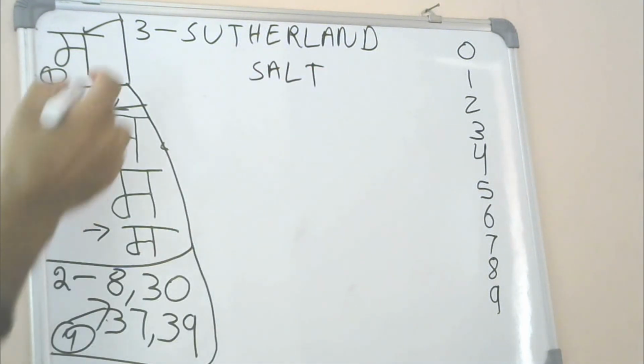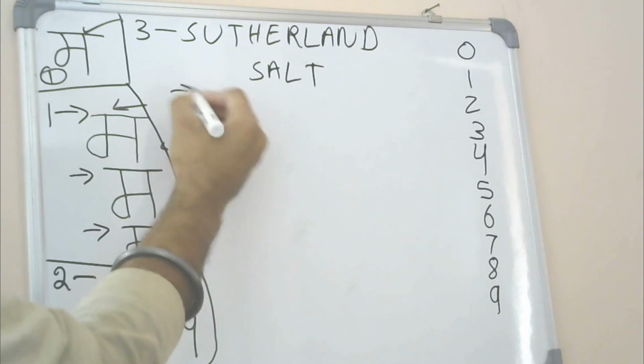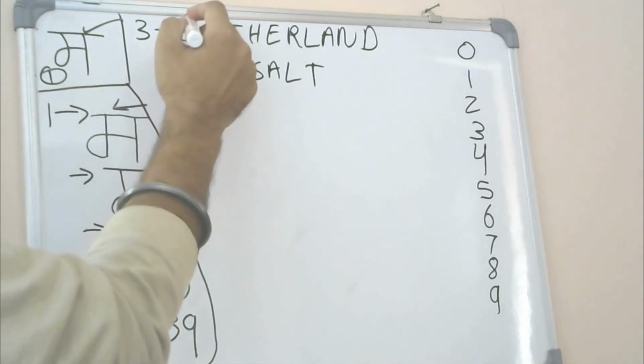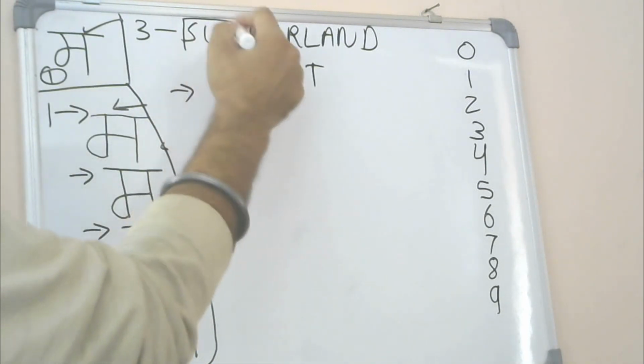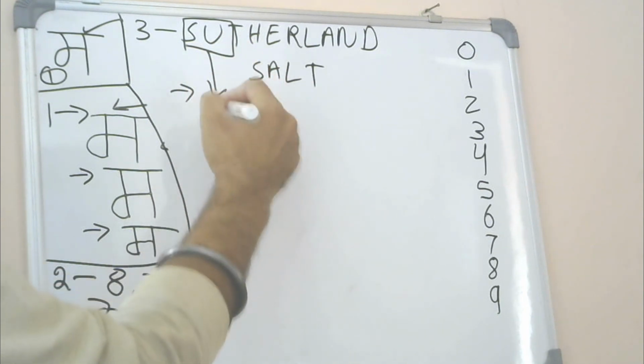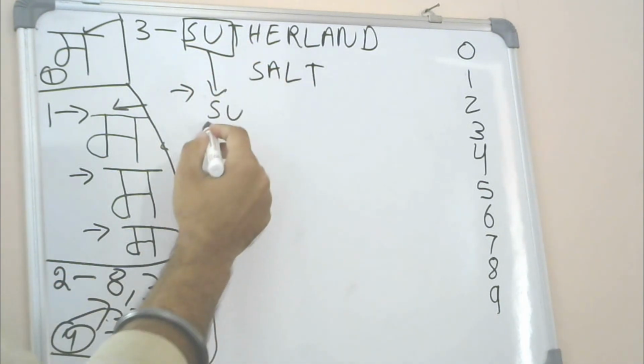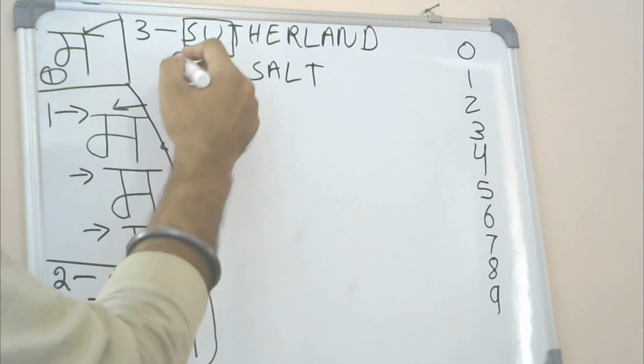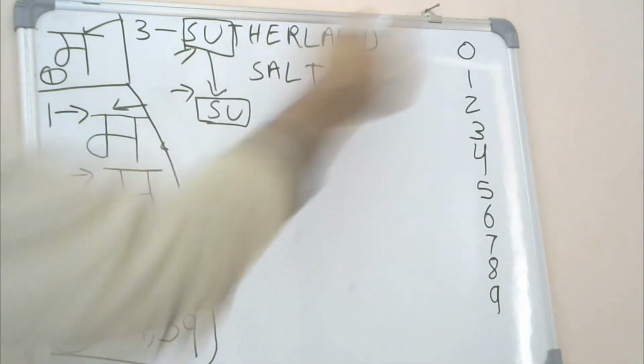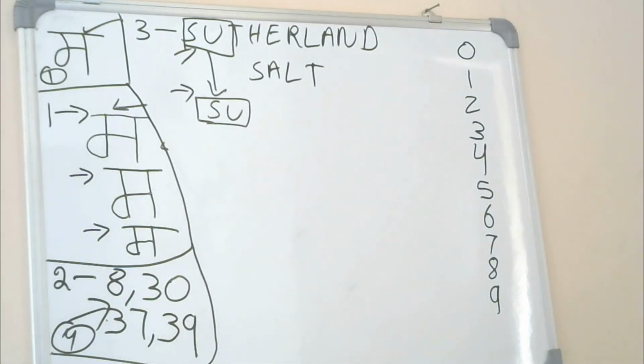Combine them and we will have the pronunciation. Give me this thing from here, not so, but so, how we pronounce it in Sutherland. So that sound should come here.